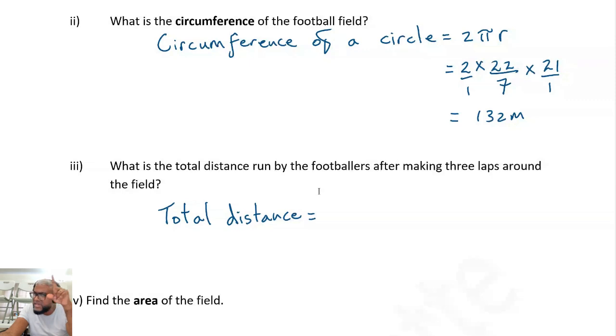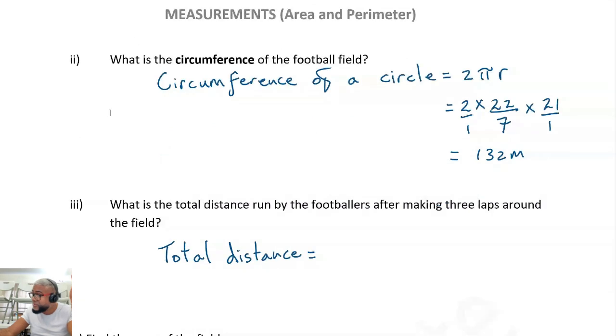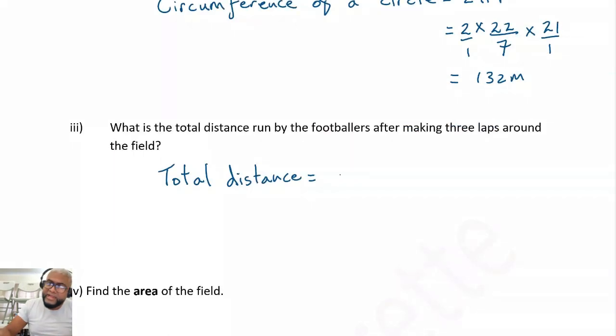That represents how many laps? The circumference is 1 lap. So if it's 3 laps, what are we doing? Let's multiply by 3. I was doing the first one first, and then I would work on this one. All right, we go by that.